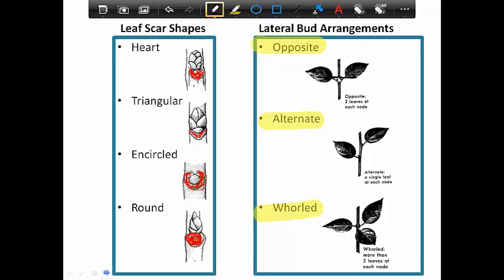So these two leaves basically sit parallel to each other. Alternate are staggered, so these two leaves are like steps up the branch. And whorled all attach at one single point right here in the middle, and they go around the entire stem.